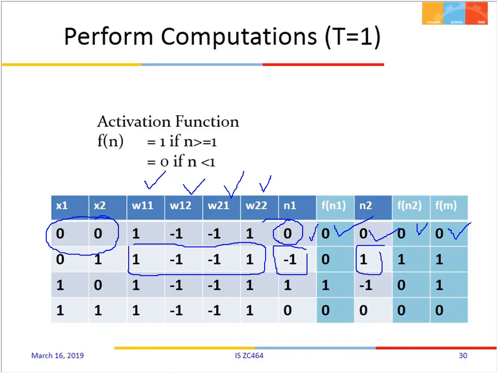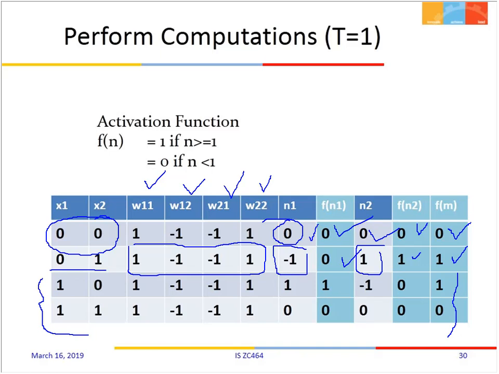Similarly, you apply the same logic for the remaining two inputs, and you get the predicted output exactly the same as the actual output, right? So f of n is the same as y. So with these two neurons, you are still able to get training error as 0, right?